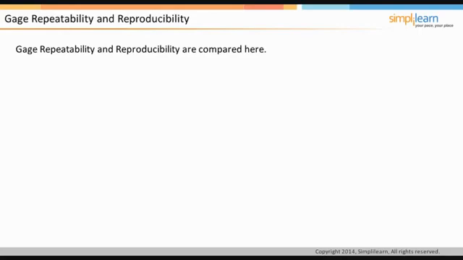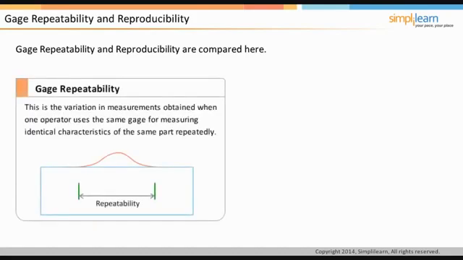Gauge repeatability and reproducibility, or GRR, is a statistical technique to assess if a gauge or gauging system will obtain the same reading each time a particular characteristic or parameter is measured. Gauge repeatability is the variation in measurement when one operator uses the same gauge to measure identical characteristics of the same part repeatedly.